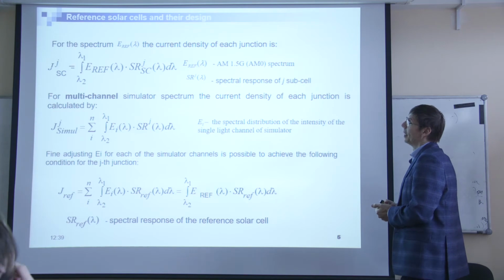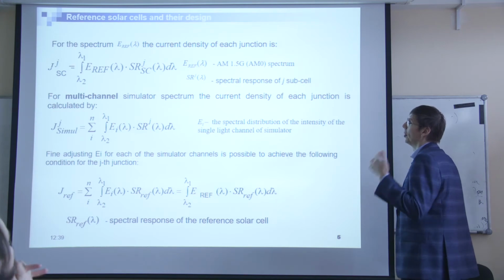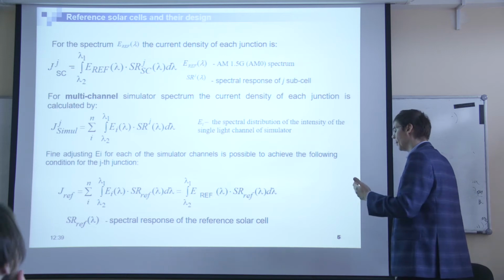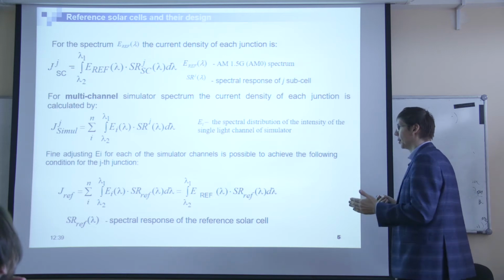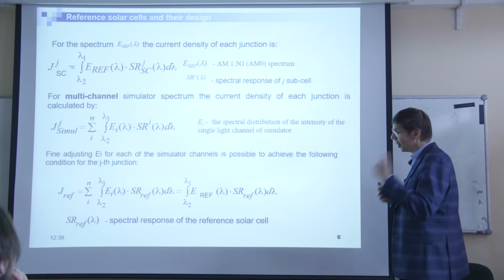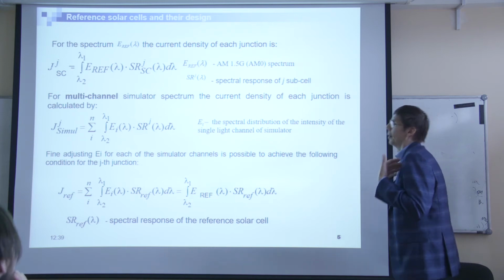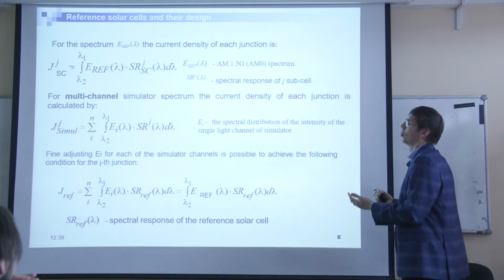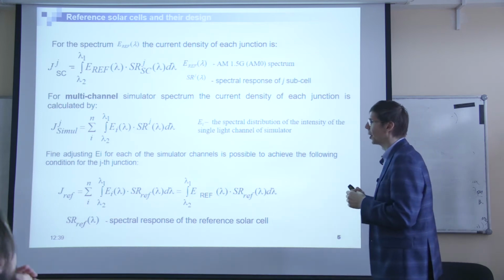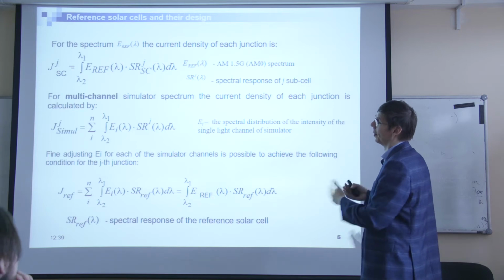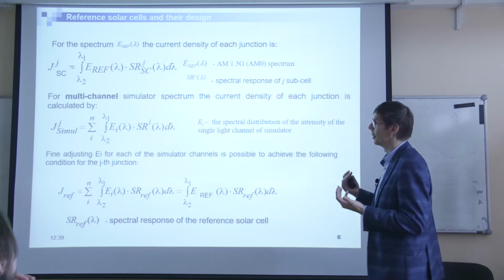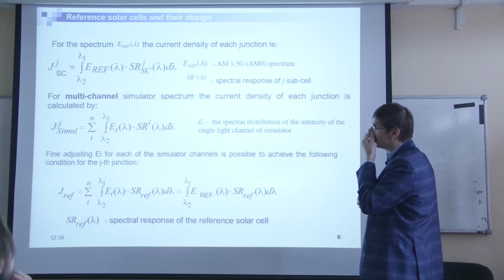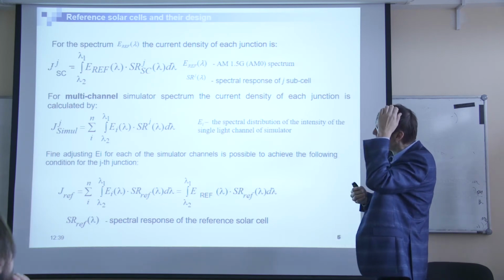In this case, you would have some estimation of your short circuit current for each subcell. The real short circuit current, because the short circuit current is something you can measure, is the minimum current of the set. You should understand. But first of all, you have to estimate the current of each junction.